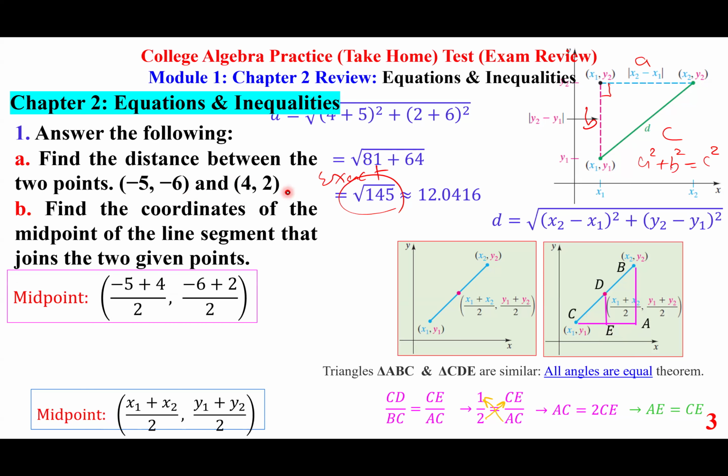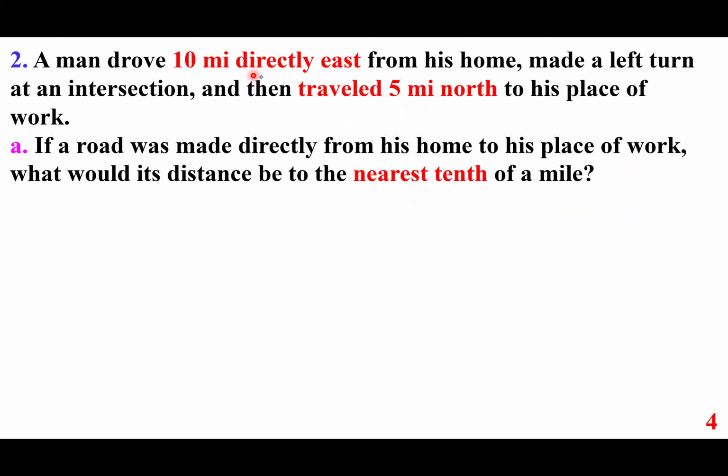A man drove 10 miles directly east from his home. He made a left turn at an intersection and then traveled 5 miles north to his place of work. If a road was made directly from his home to his place of work, what would its distance be to the nearest tenth of a mile?